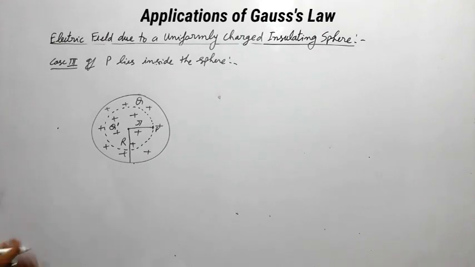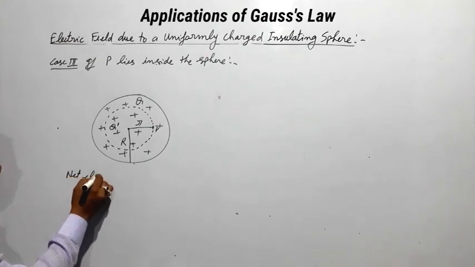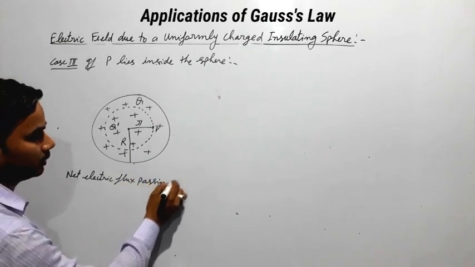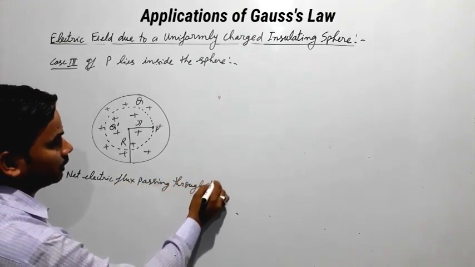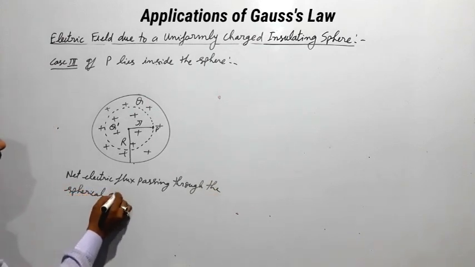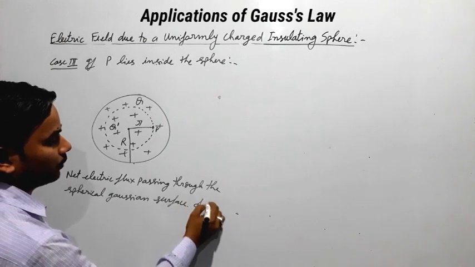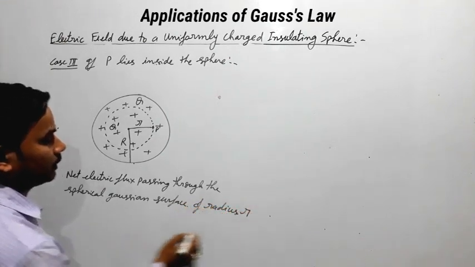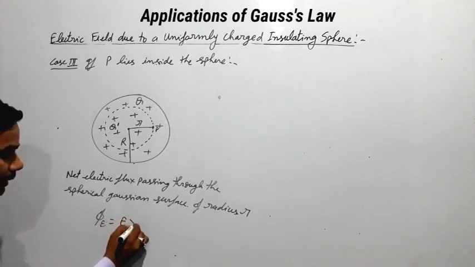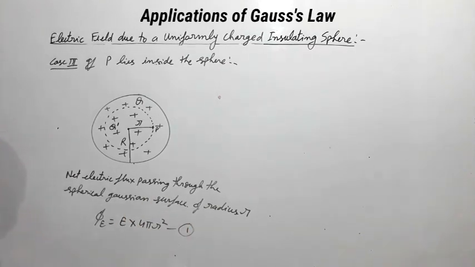So the net electric flux passing through the spherical Gaussian surface of radius small r is given by phi e equals E into 4 pi small r square. This is equation 1.